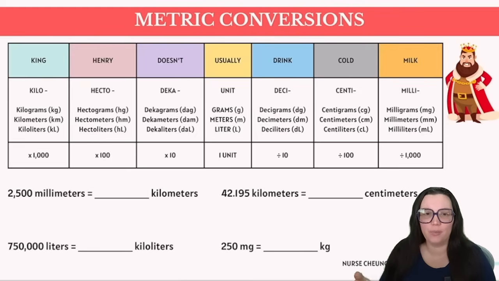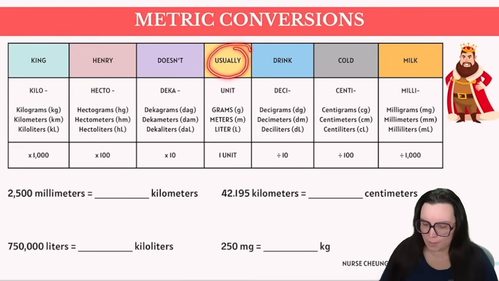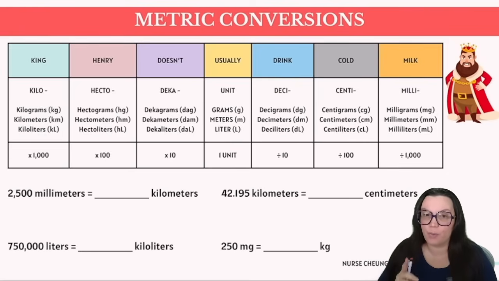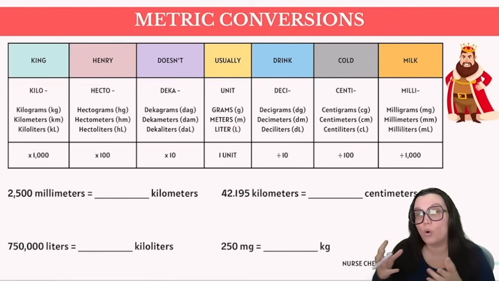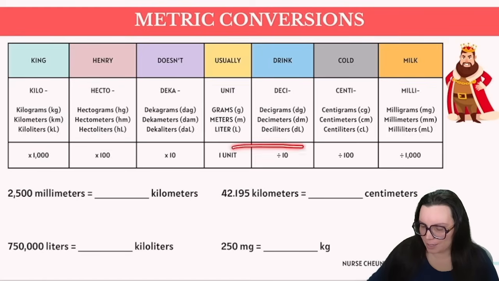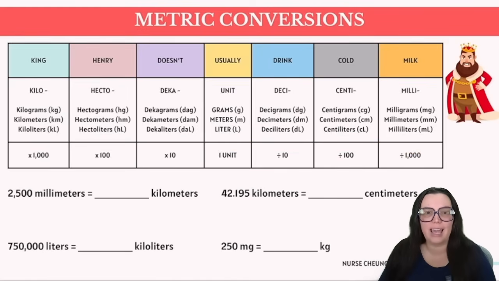So at the heart of our mnemonic, we symbolize the word usually with units. This is where your general units are going to lie, whether you are doing grams, liters, or meters. And around this core are prefixes that indicate whether we're dealing with units that are larger or smaller than our base unit. So as we move to the right towards cold milk, we're going to encounter smaller units, deci, centi, milli, each representing a factor of 10 smaller than our base.